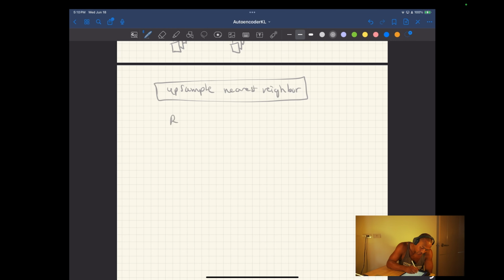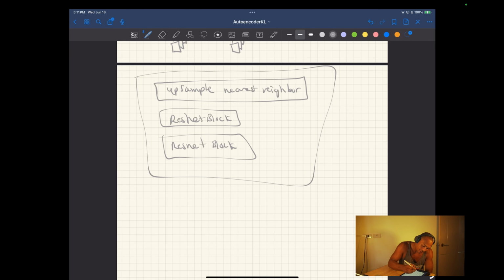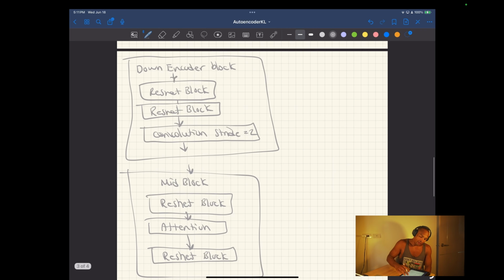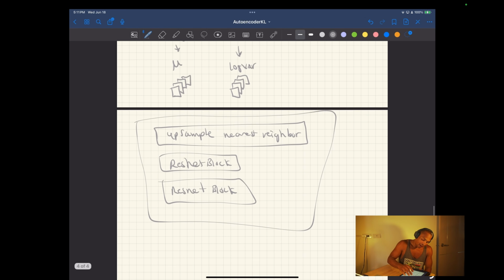And then followed by a ResNet block. Sorry, I'm writing really sloppily. ResNet block and a ResNet block. This is your up decoder block.